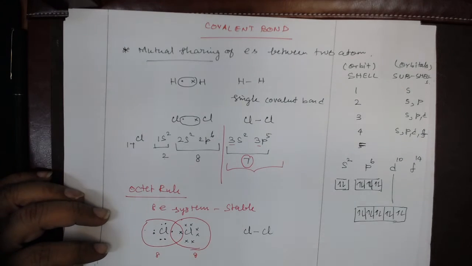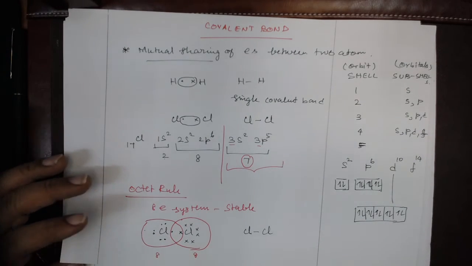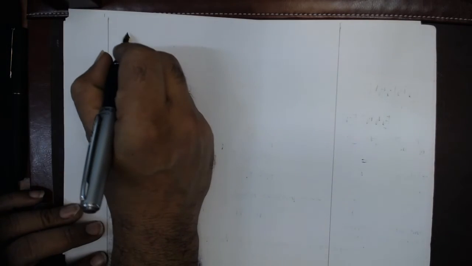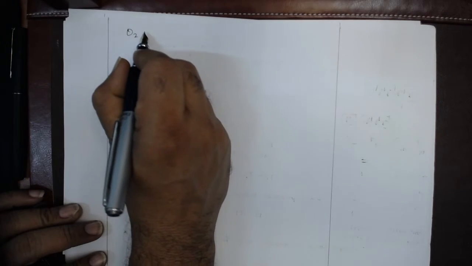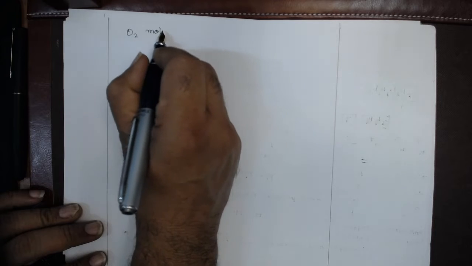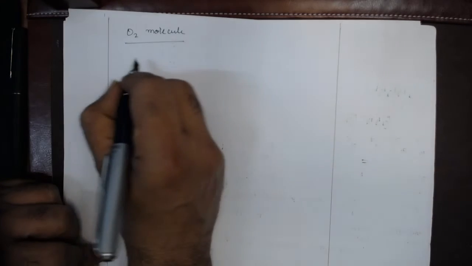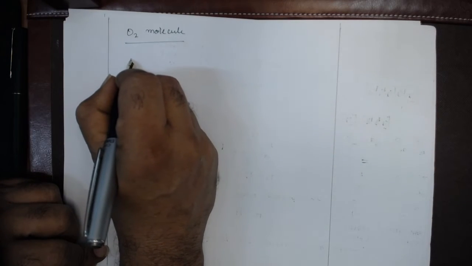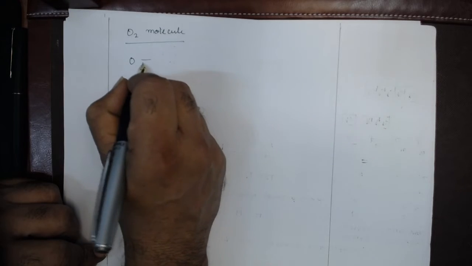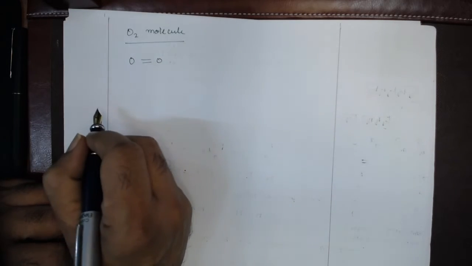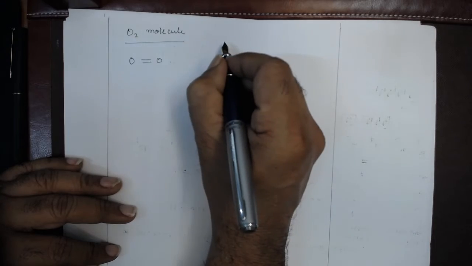Then let us move to the double bond, like in the case of oxygen. Let us consider oxygen, the O2 molecule. For oxygen you have O double bond O. What about the electronic configuration of oxygen?